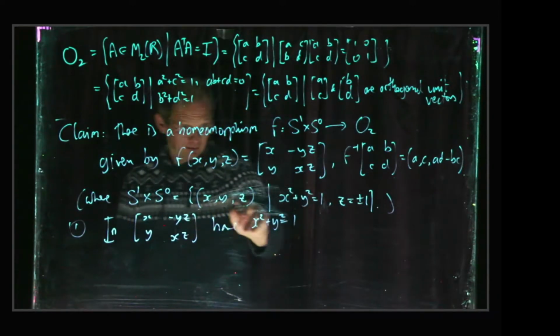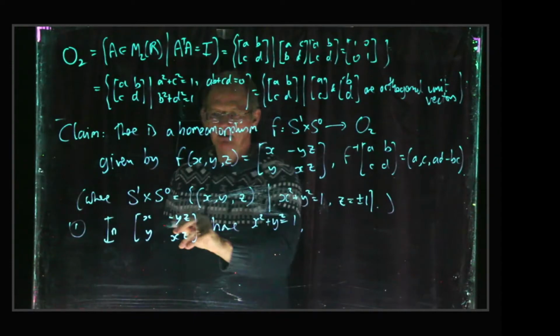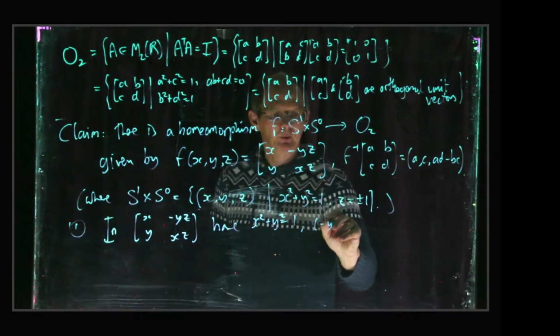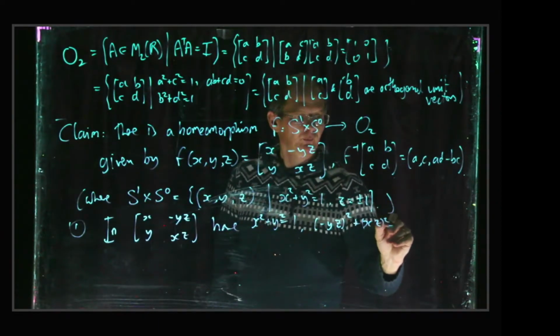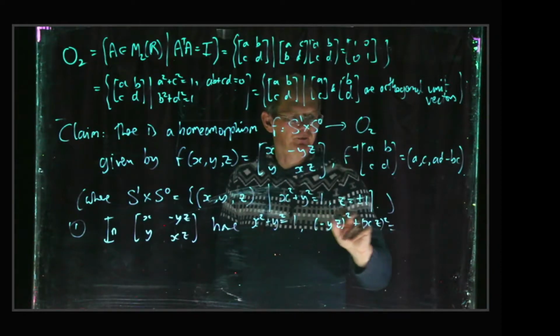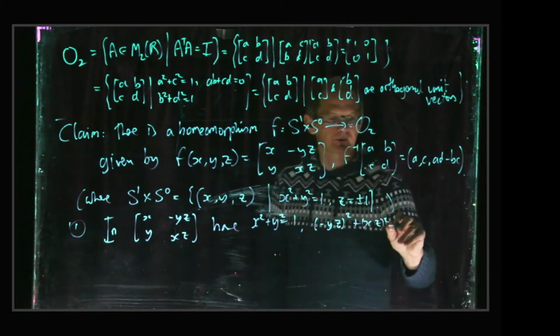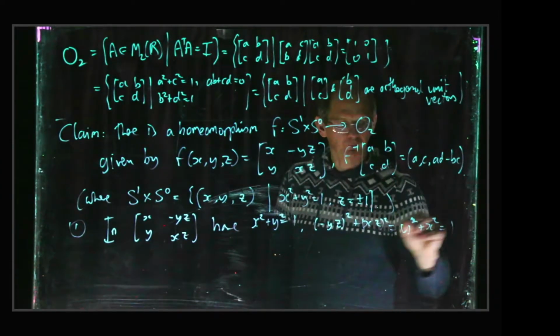That's part of the definition of this S1 cross S0. And then we look at the other one, minus YZ squared plus XZ squared. Well, Z is plus or minus 1, so Z squared is 1. Minus Z squared is also 1. So this is just Y squared plus X squared, which is of course equal to 1 as well.